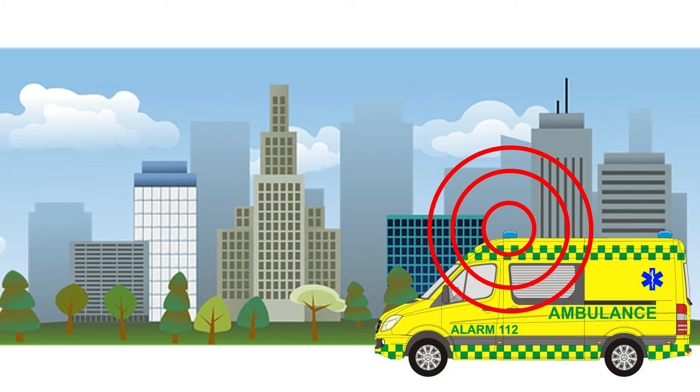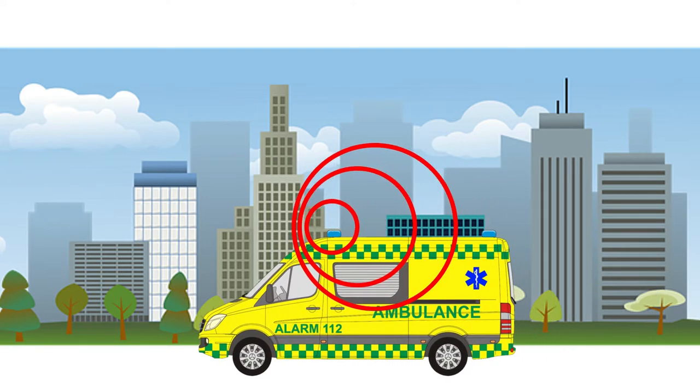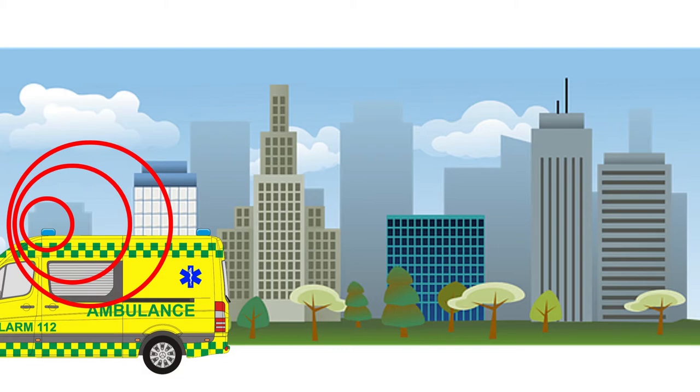As the ambulance starts to move though, those sound waves are compressed to the front end of the ambulance and spread out more at the back end of the ambulance. We call this the Doppler effect. The Doppler effect applies to light waves as well as sound waves. When something giving off light is moving towards us, the waves at the front compress. When something is moving away from us that gives off light, the wave at the back spreads out.